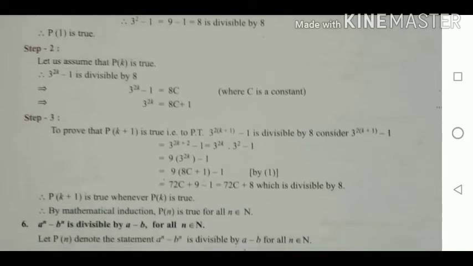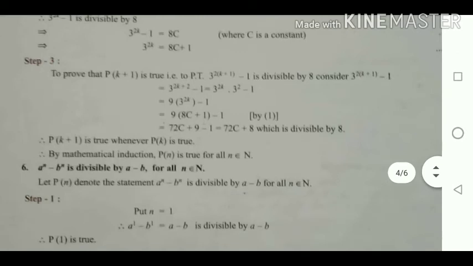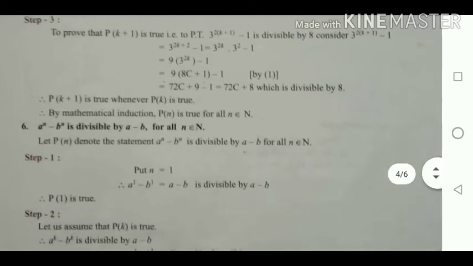Therefore 9 into 8c plus 1 minus 1, we are getting 72c plus 9 minus 1, that is 72c plus 8, which is divisible by 8. Therefore P of k plus 1 is true whenever P of k is true. By mathematical induction, P of n is true for all n belongs to natural number.